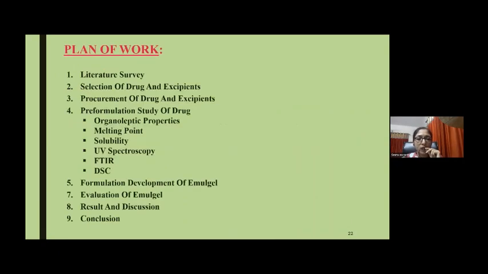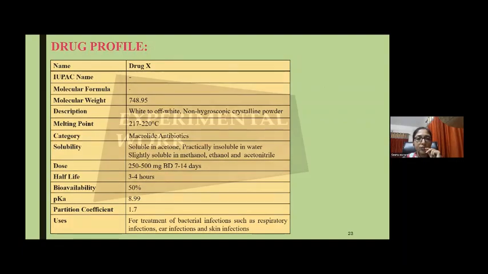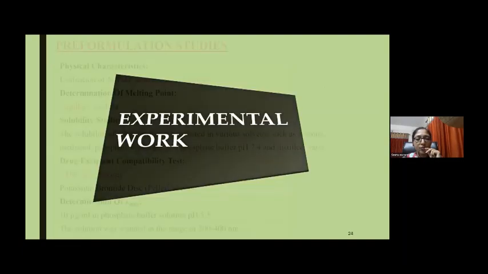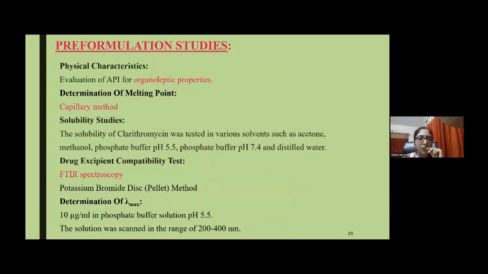This is a general plan of work. We'll directly go to the experimental work, where we have done the pre-formulation studies, where the characterization of the API was done and organoleptic properties were observed. Then the melting point was checked by the capillary method, and solubility was checked.